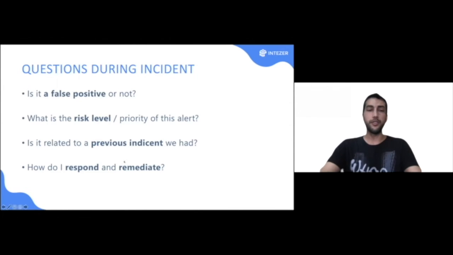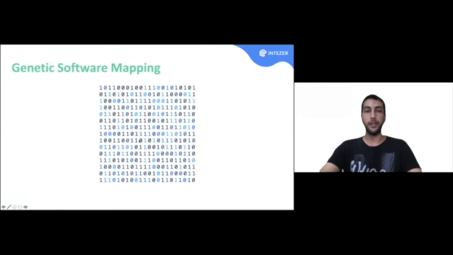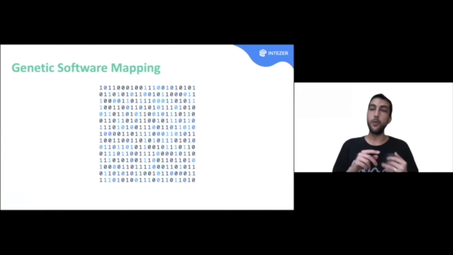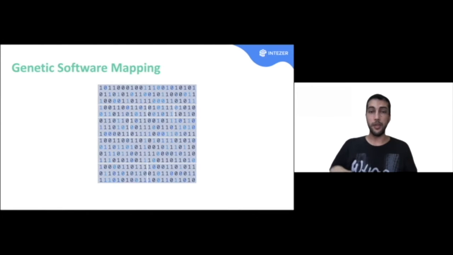For that, at Intezer, we've developed a technology called genetic software mapping, which basically helps us understand whether a file is good or bad based on the origins of the code. Technically speaking, we can take any binary file, could be a Windows file, Linux file, it doesn't really matter. We dissect it after disassembling it into small fragments of assembly instructions that we call genes.